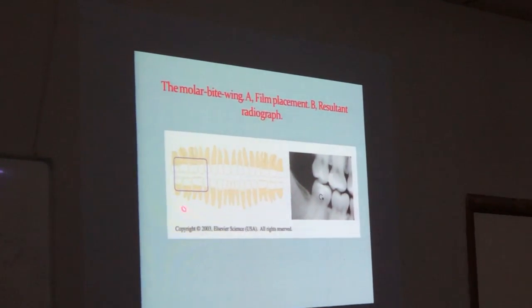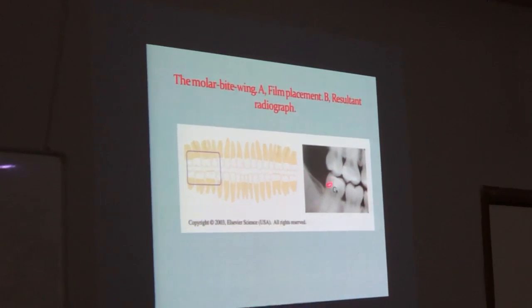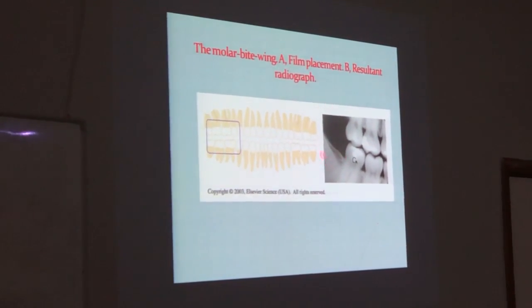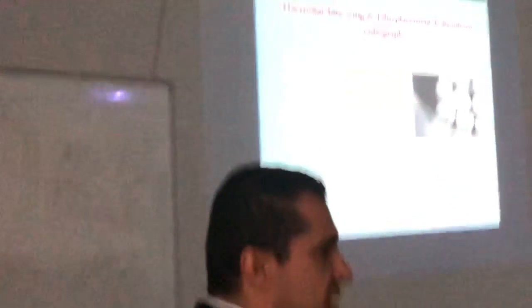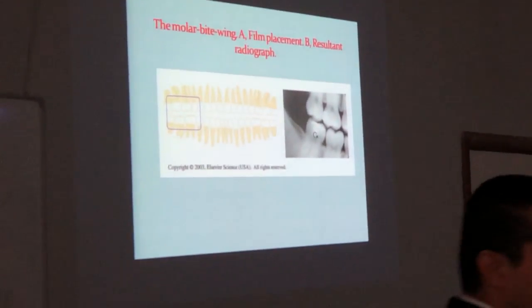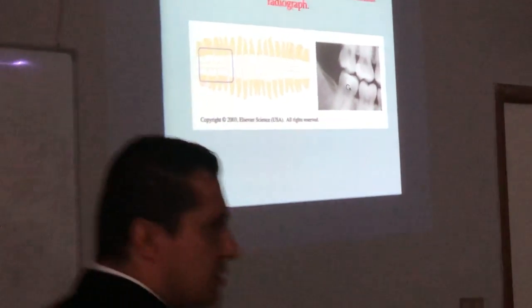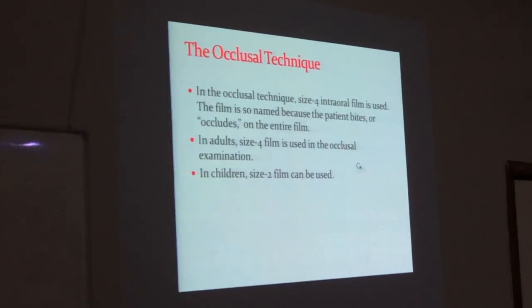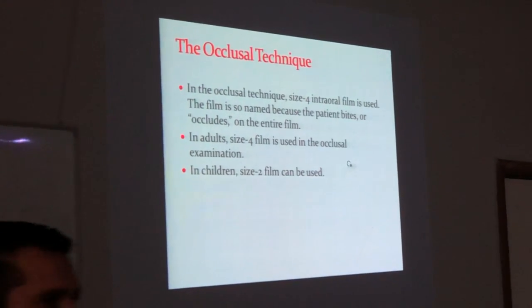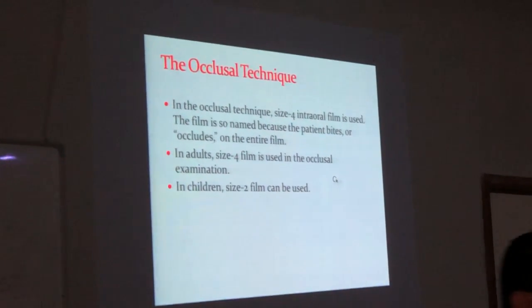Even if there are wisdom teeth, you can find them here. But it cannot be used for the extraction of wisdom teeth, because in wisdom teeth we need the roots also to be obvious on the film. Now, this is all about the bite-wing technique. Any question? No. Right.